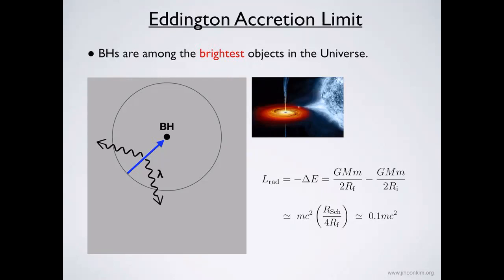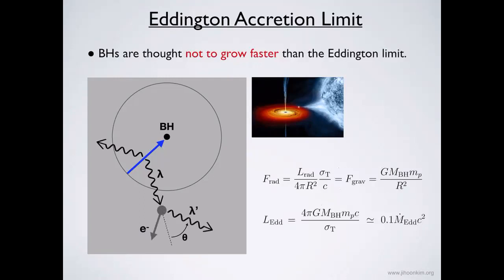And you can actually calculate its energy, and it is actually quite high, so that it makes the black hole one of the most luminous objects in the universe. The black hole itself is dark, but the accretion disk, the material that is surrounding the black hole, is really bright because of this process.